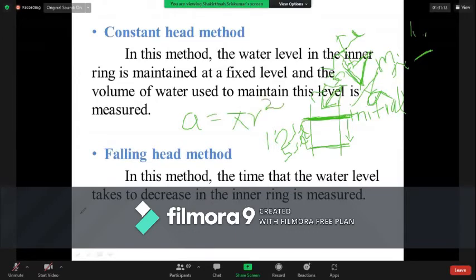Pi r square. If the diameter is 30, what is the radius? 15. So pi into 15 square, that is the area. Once you know the volume, you can divide by area, then you can get the depth of that water. Clear?